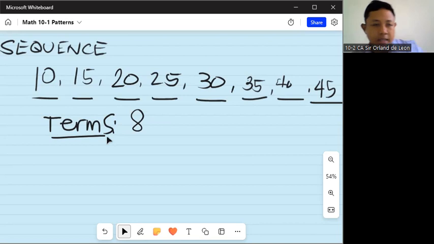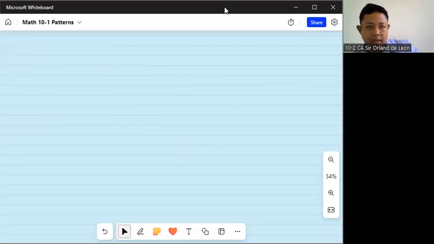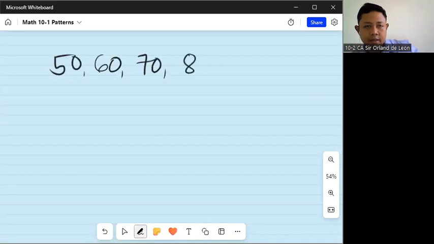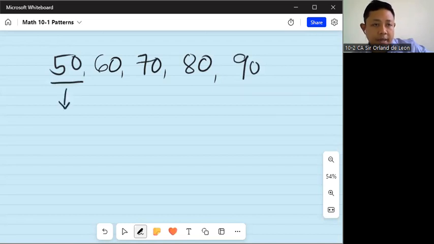Okay. So let's get to know this deeper. Let me clear this. So we have here, for example, 50, 60, 70, 80, and 90. Speaking of terms, in a sequence, we use symbols for each term. So the first term is expressed by this symbol, A sub 1.